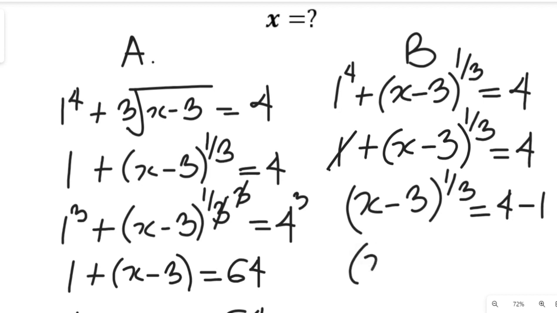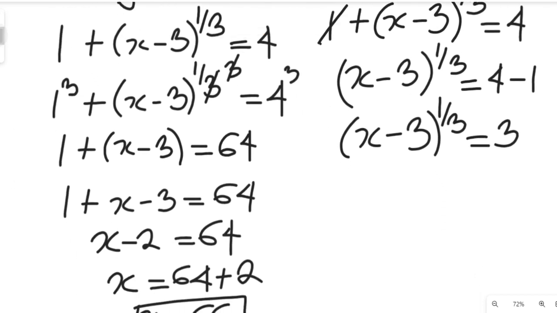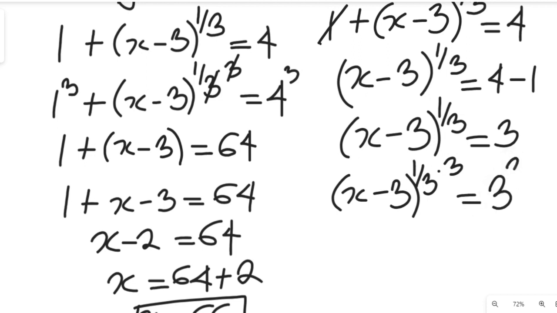So this gave him x minus 3 all to the power of 1 divided by 3 equal to 3. What he did was still to multiply both sides by the power of 3: x minus 3 all to the power of 1 divided by 3 multiplied by 3 will be equal to 3 to the power of 3.